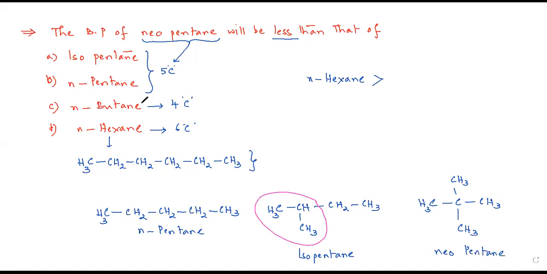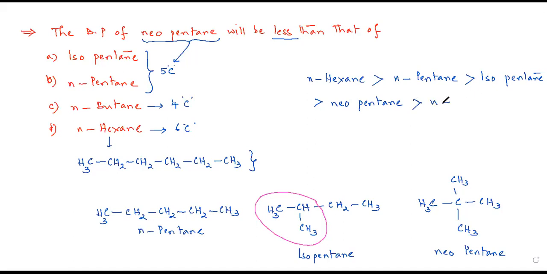Now as we go from N-pentane to isopentane, isopentane to neopentane, there is decrease in surface area, or say there is increase in branching, right? So as the branching increases, we know that the boiling point is going to decrease. N-pentane, then isopentane, then neopentane.